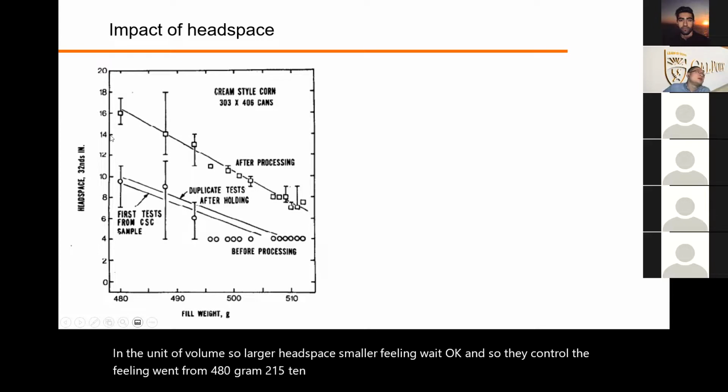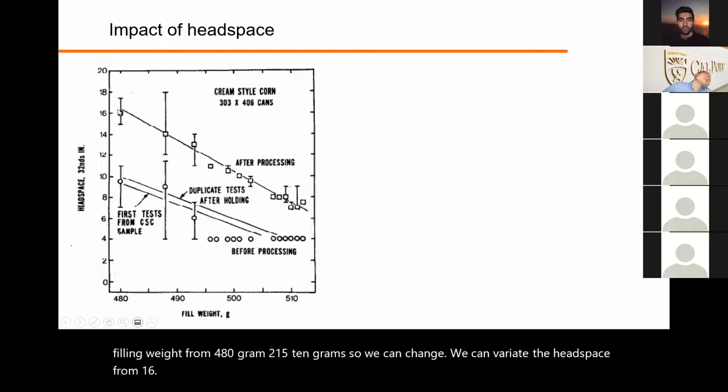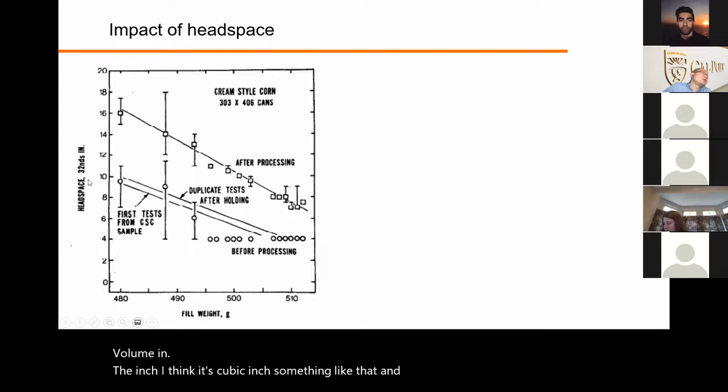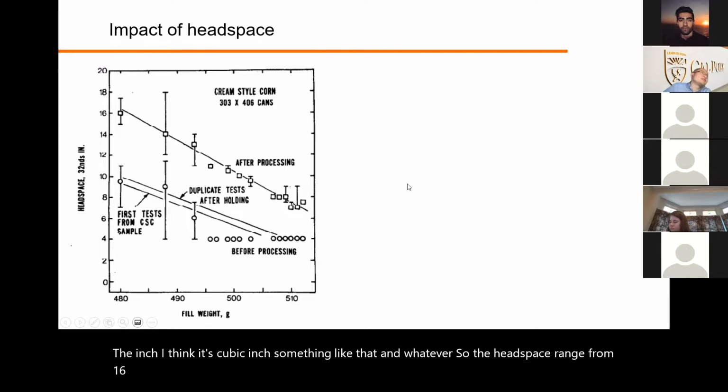So we can vary the headspace from 16, what's the volume in the inch, I think it's cubic inch, something like that, and whatever. So the headspace ranges from 16 to about 6.